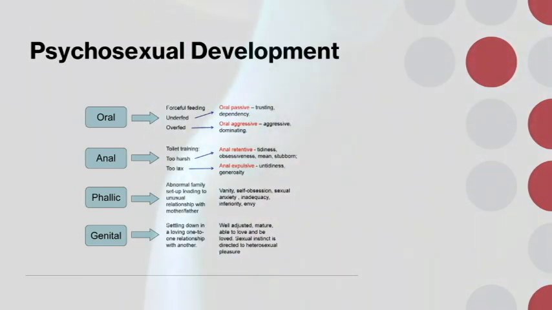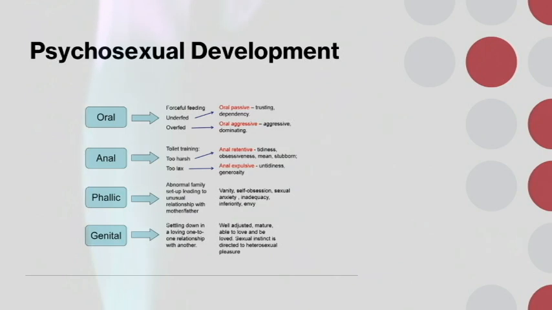And here, normally, you would have boys playing with boys, girls playing with girls, that sort of thing. And there isn't this kind of interaction between the two. But then we get the genital stage.